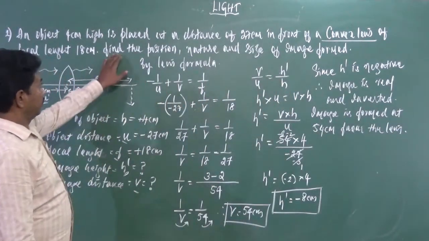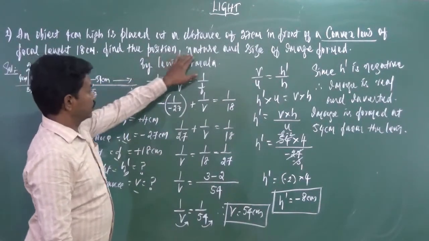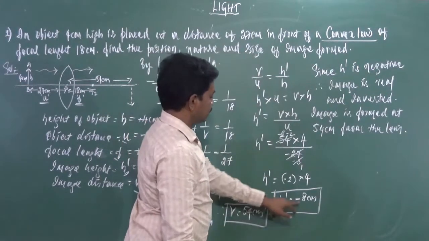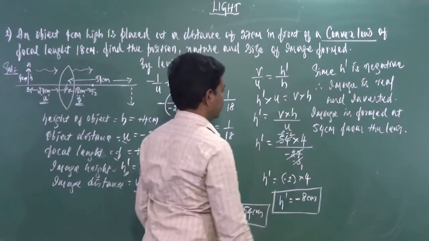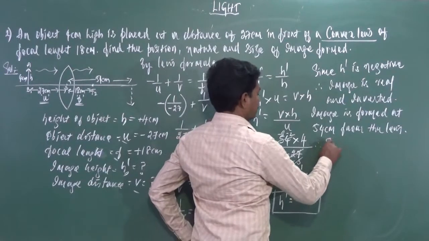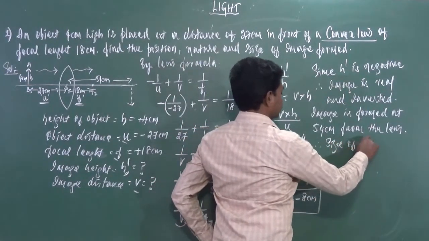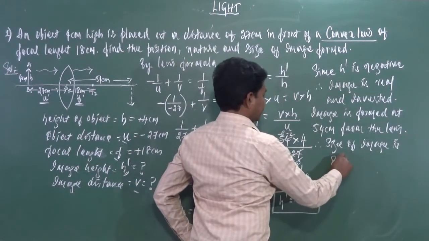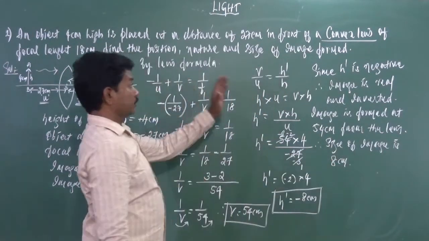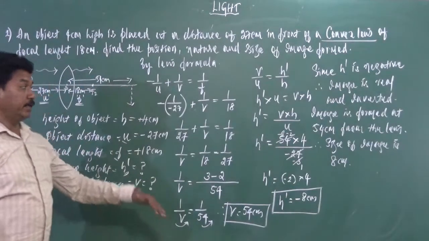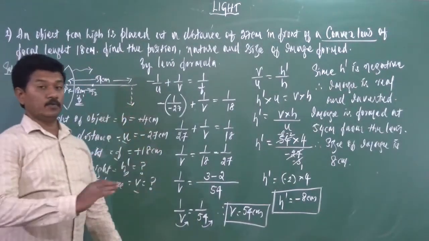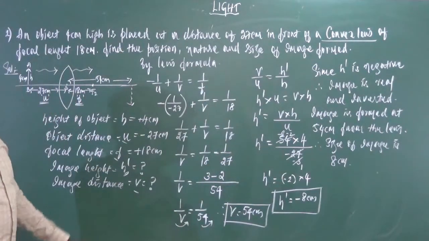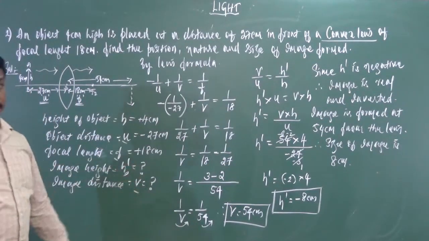So we have found out the position, we have found out the nature, that is real and inverted, and the size is minus 8 centimeters. So therefore the size of the image is 8 centimeters. You have to answer all the questions which are asked there, because every question carries 1 mark, so that you can get the full marks for the problem, right? So this is how it goes, right?